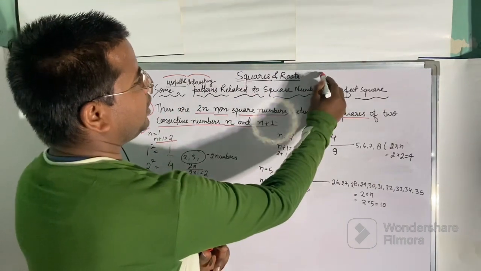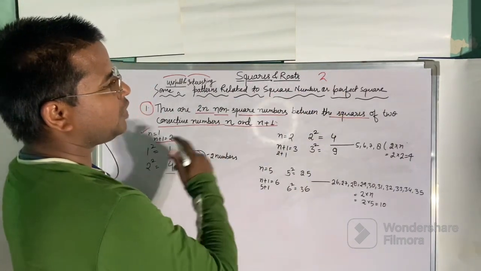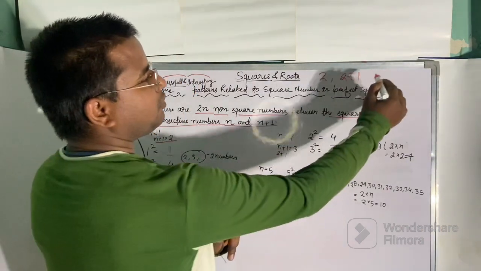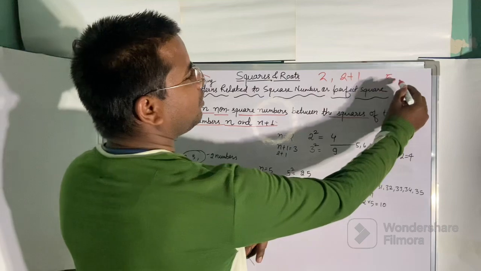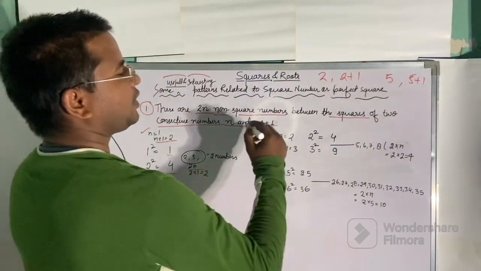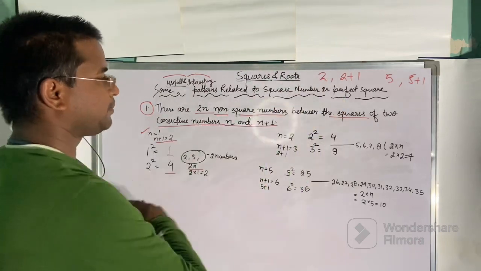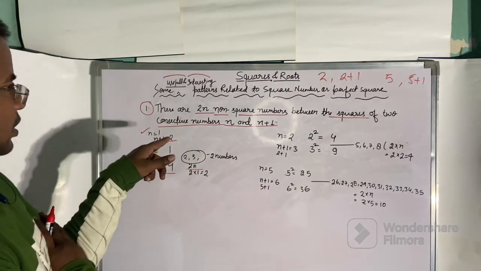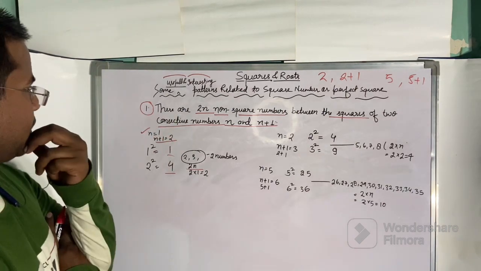The consecutive number of 2 is 2 plus 1, that is 3. The consecutive number of 5 is 5 plus 1, that means 6. So first I take an example to demonstrate this rule.